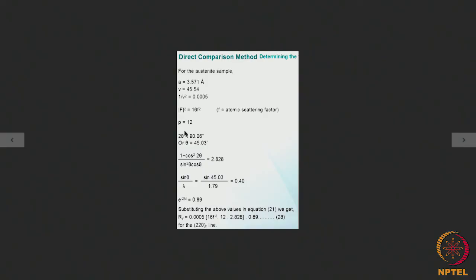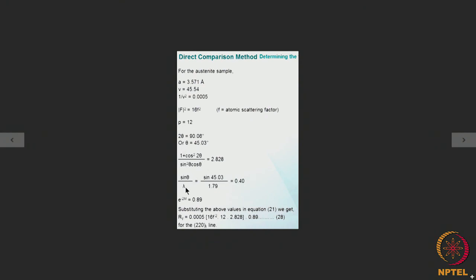Now, if we look at the austenite phase, we can write down a is 3.571 angstrom. So, V, the volume of the unit cell, is 45.54, 1 by V square is 0.0005, F square is 16 small f square, where small f is the atomic scattering factor, and p is equal to 12. Now 2 theta for that austenite line which we chose is 90.06, so that theta is 45.03 degrees, and using the table I showed earlier, the Lorentz polarization factor is 2.828.